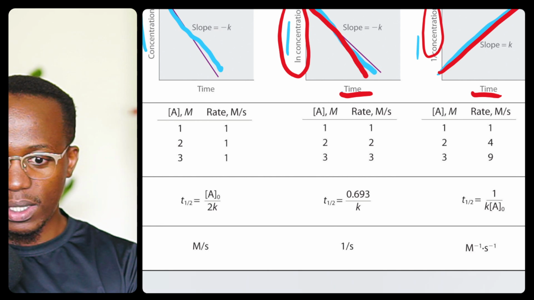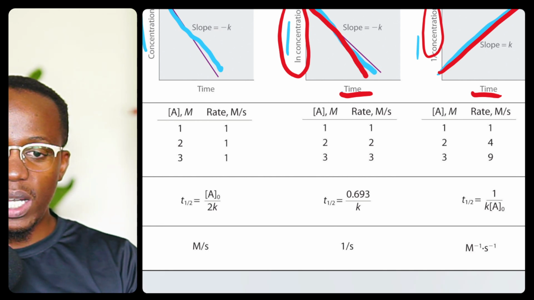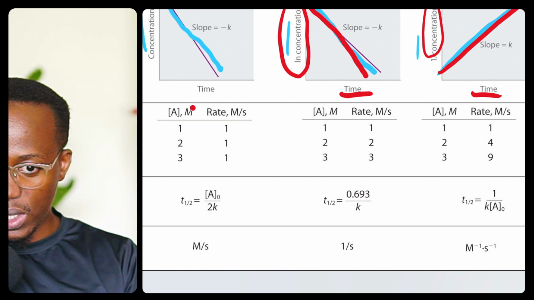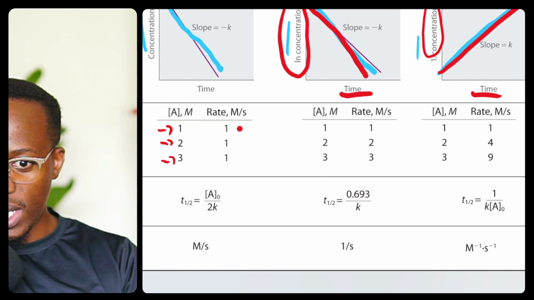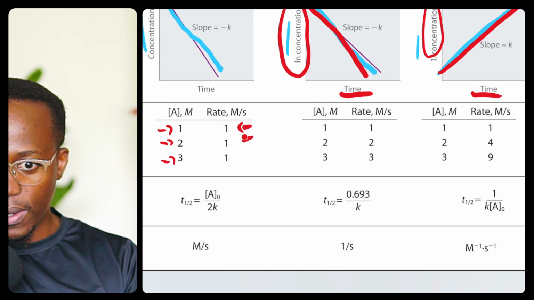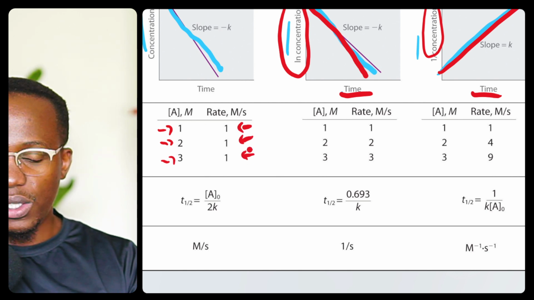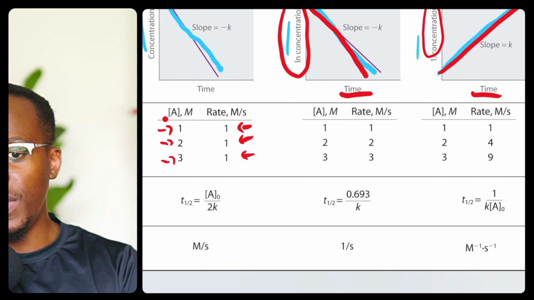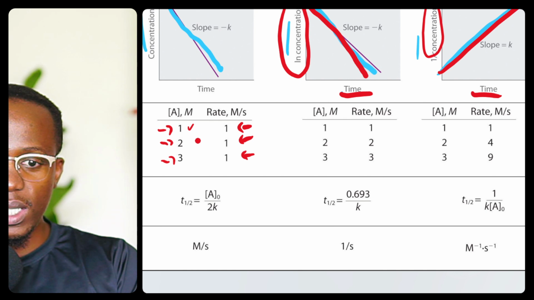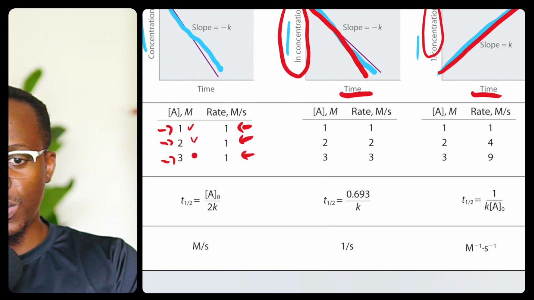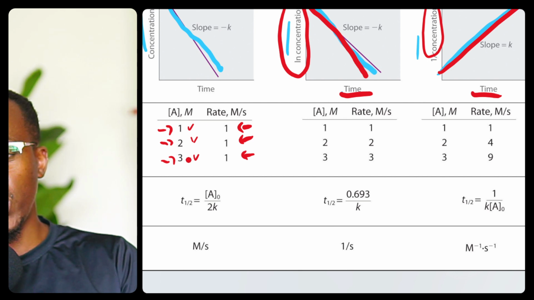Look at these rates. Different. So remember I told you that when you have a zero order reaction, when you increase the concentration, the rate does not increase, right? So you can measure the rate at different concentrations. That's why we call it the initial rates method.